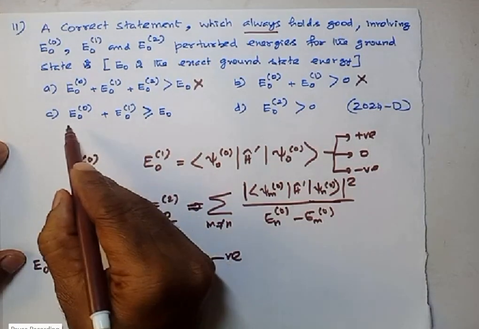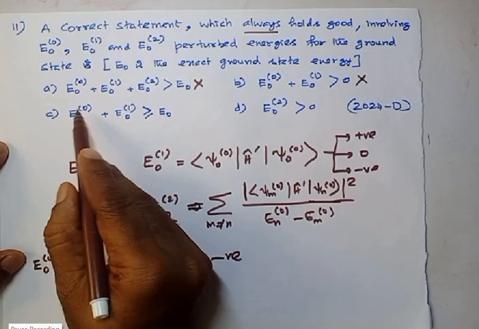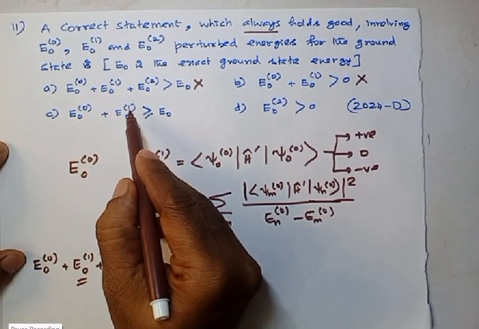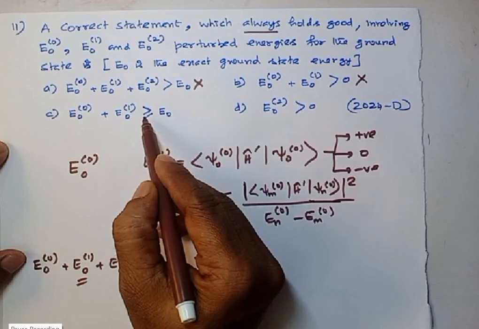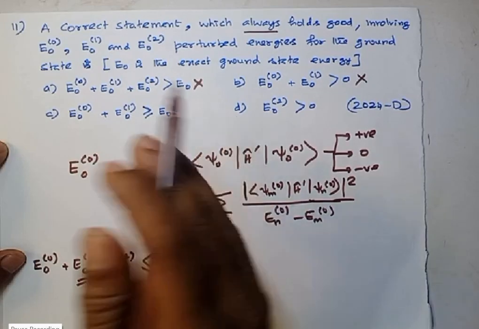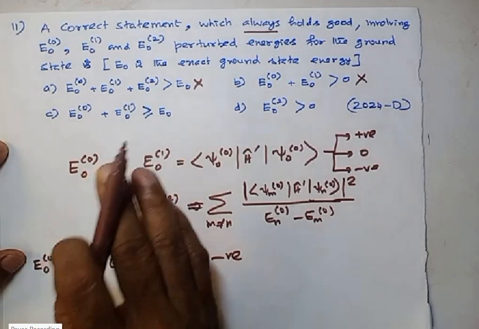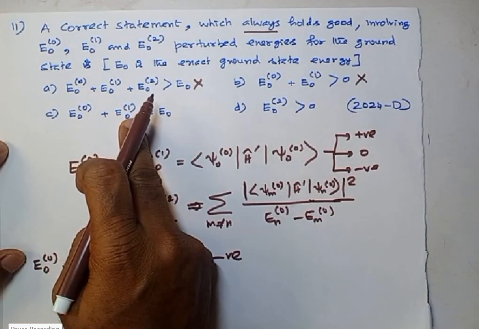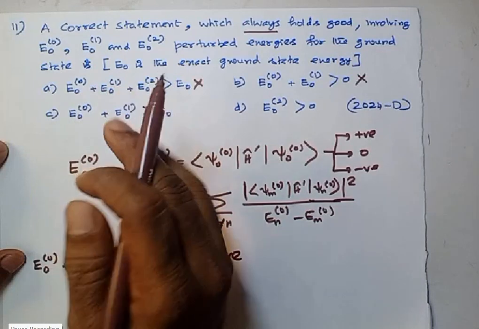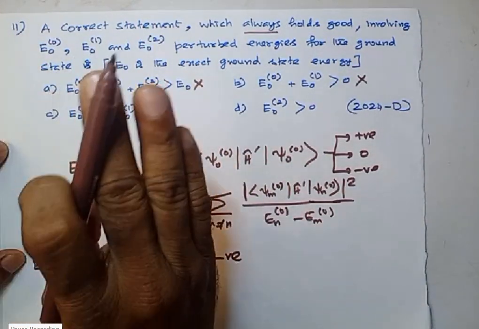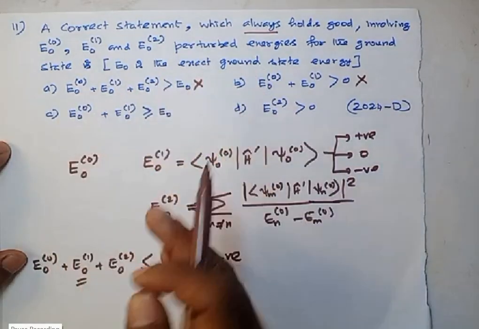And in option C, the ground state energy plus the first order correction, yes, this can be greater than or can be equal to, sometimes it can be less than E naught also, but in general for the ground state this sum is generally greater than E naught.